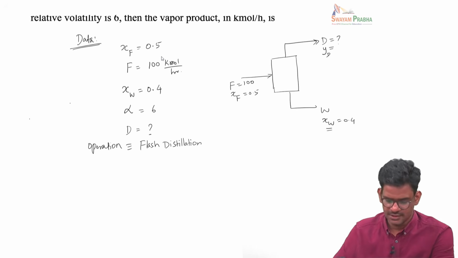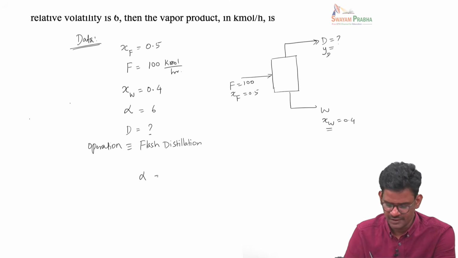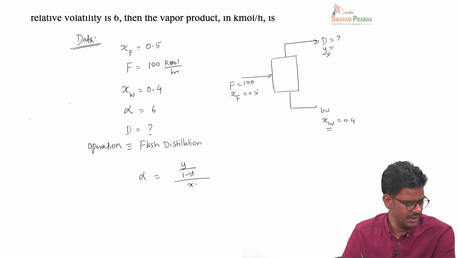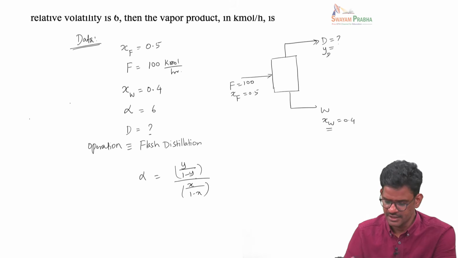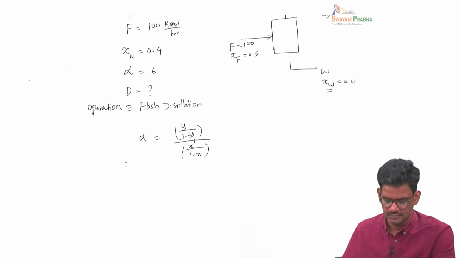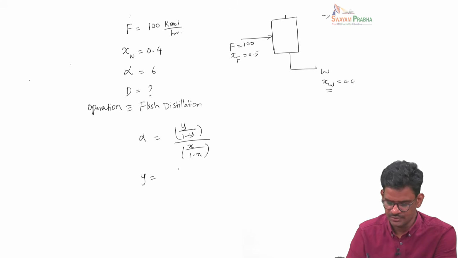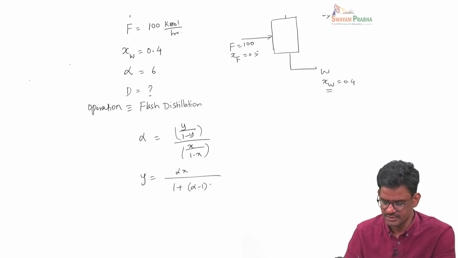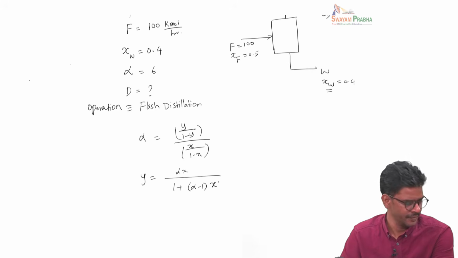What we do is we say that the definition of alpha is y by 1 minus y over x by 1 minus x, and we can rewrite this as y is equal to alpha x by 1 plus alpha minus 1 times x.